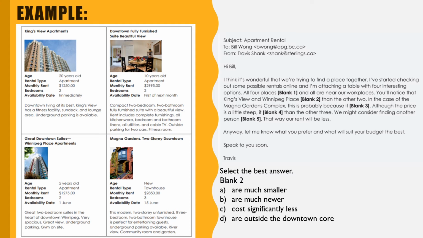Okay, D: are outside the downtown core. Listen carefully. The word core here means center. So the downtown core is the same as the city center. As established in the first question, all the rentals are located downtown.